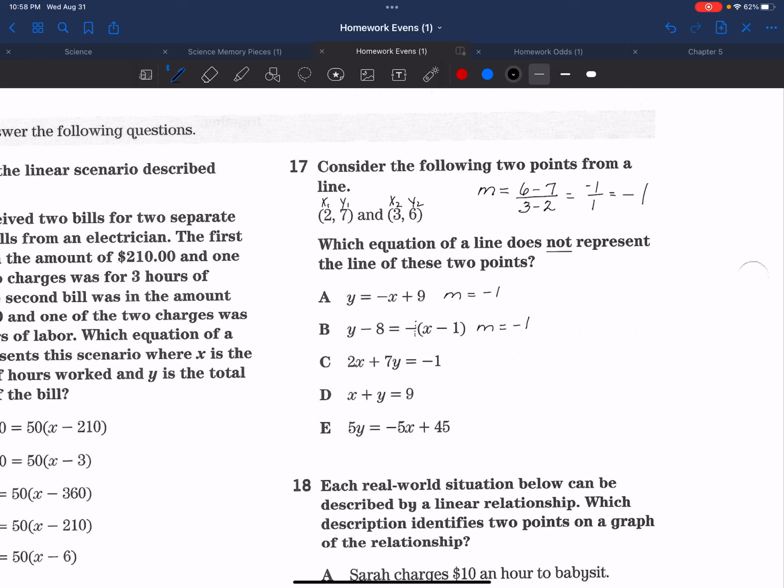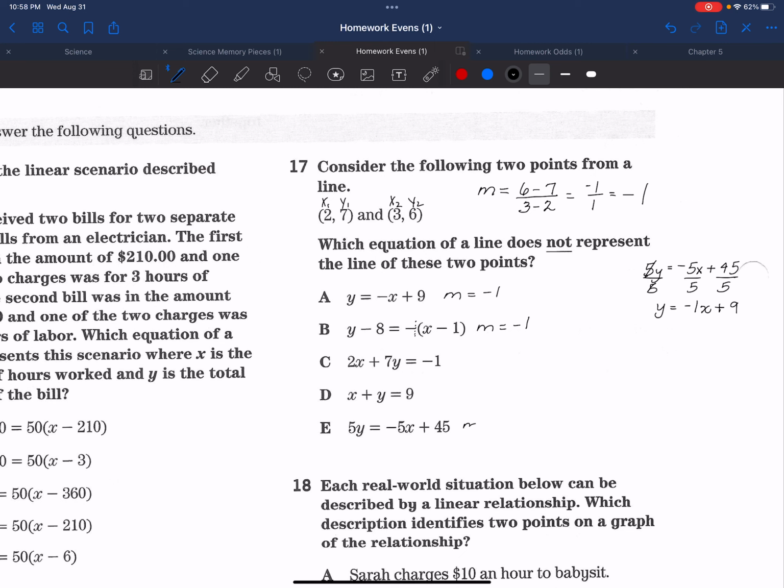Let's get E first because it'll be the easiest. So we have 5y equals negative 5x plus 45. Have to divide by 5 to get y. So we're left with y equals 5 into 5 is 1, and it's negative, plus 9.